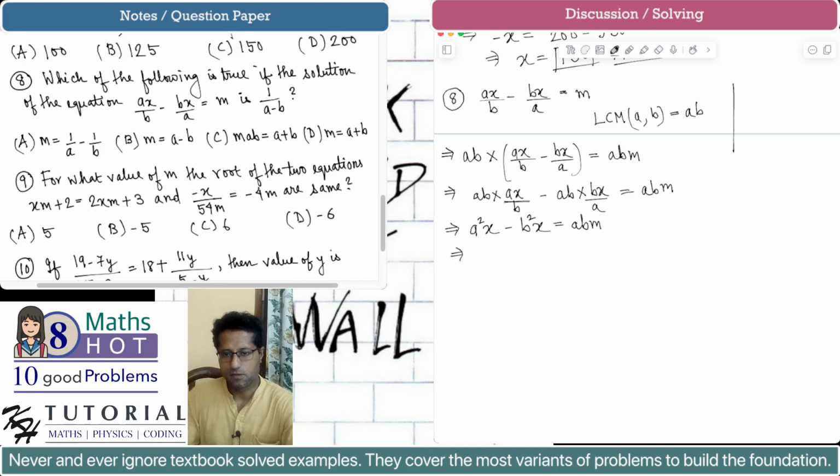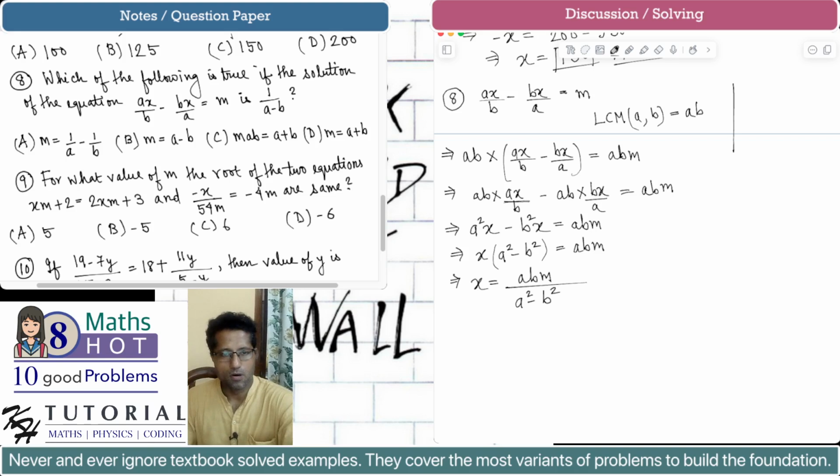From the LHS, if you take X common, we have X times (a square minus b square) is equal to abm. This implies that X is equal to abm divided by a square minus b square. So this is the value of X, or the solution we got from the given equation.